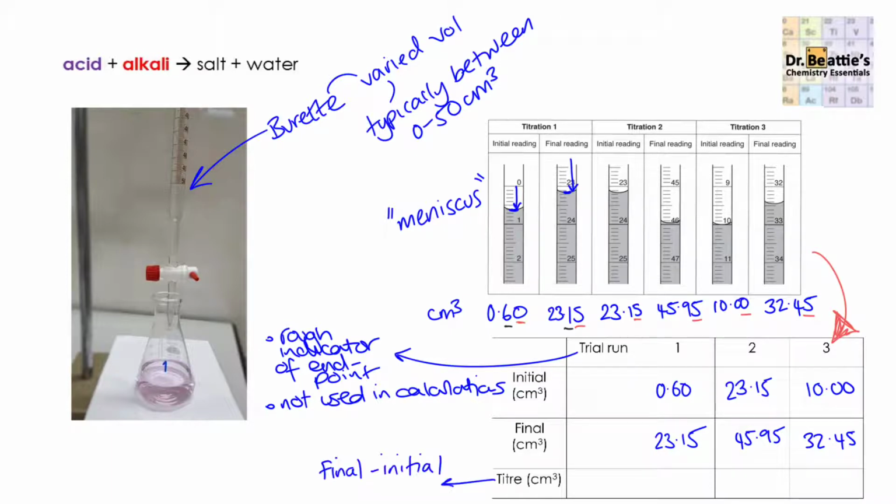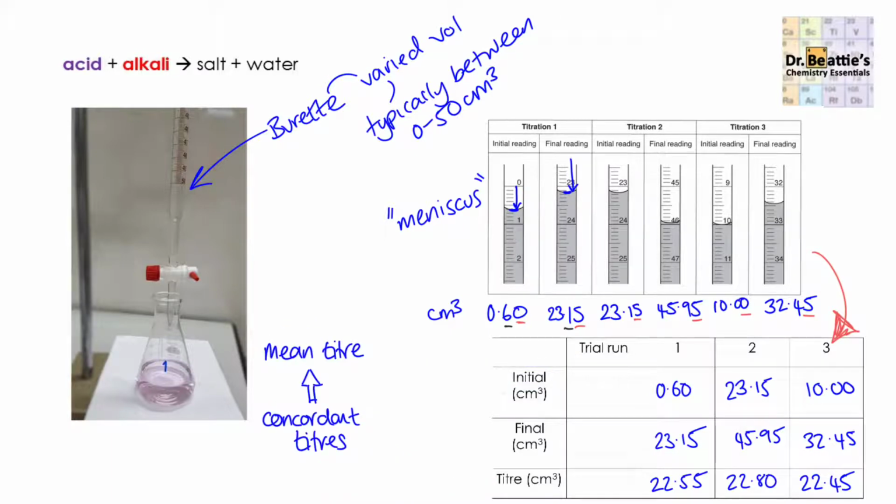As stated before, to work out the titre, which is the volume used in the titration, you do final minus initial. Having done this, you're then going to work out the mean titre, or the mean volume that you added. It's really important to only use titre values that are concordant to work out this mean. Concordant titres are within 0.1 centimetre cubed of one another.